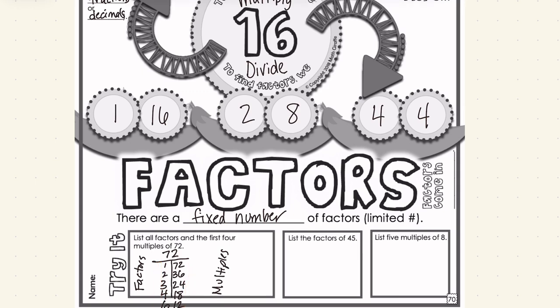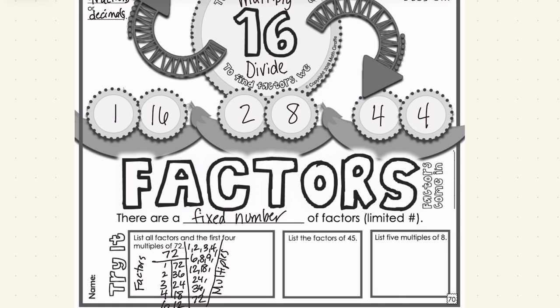So my factors are 1, 2, 3, 4, 6, 8, 9, 12, 18, 24, 36, and 72. Kind of ran out of room there, but you get the idea.